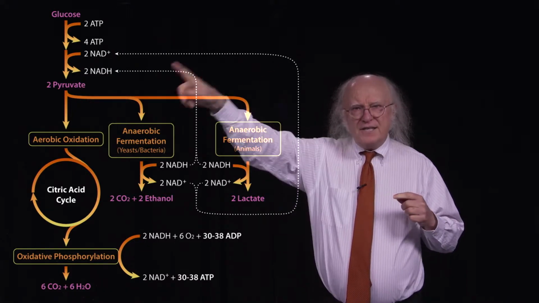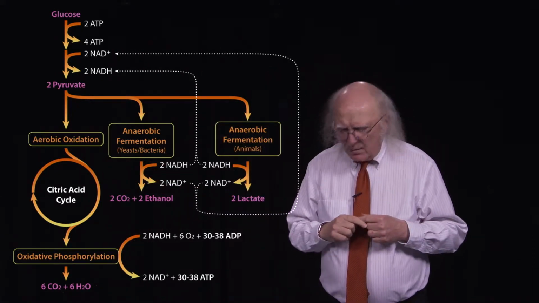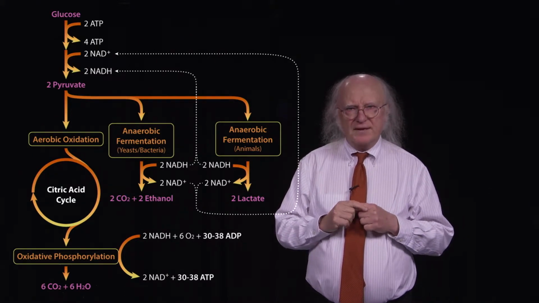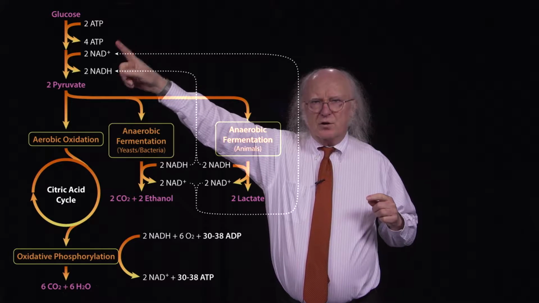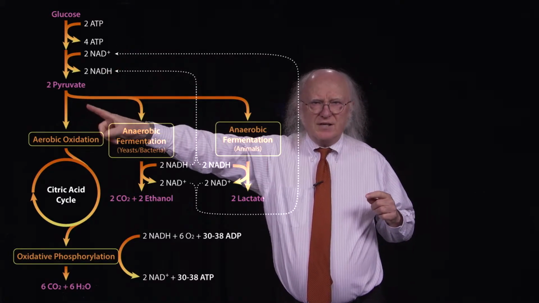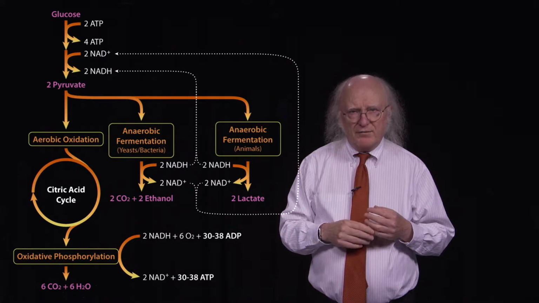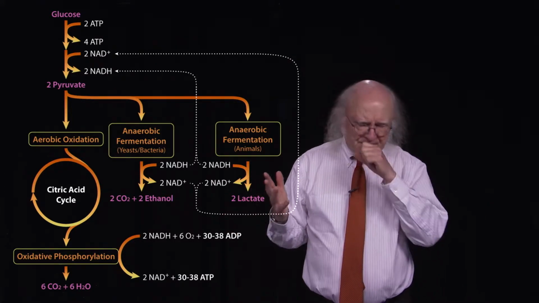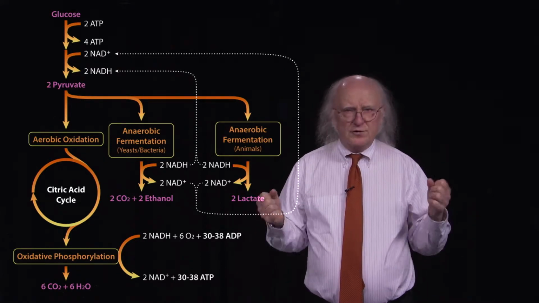Okay, well, let's consider the breakdown of glucose to make products. We've talked about this before in the metabolic pathways. Glucose, the sugar, which contains 6 carbons, is broken down in glycolysis to make 2 molecules of pyruvate. And at that point, those 2 molecules of pyruvate can go in 3 different directions.